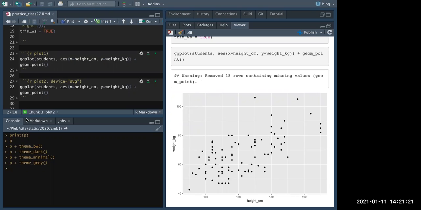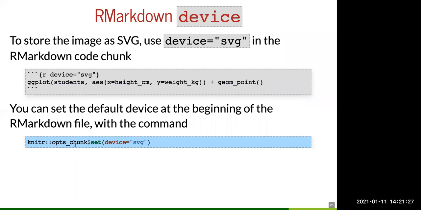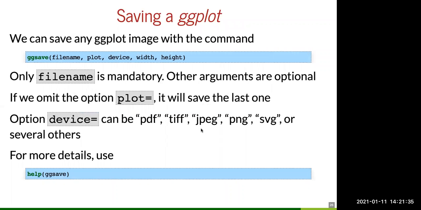In the meantime, let's go back to the slides and see what options we have here. Not device. So let's see. There is another option: you can save the plot manually with the command ggsave.